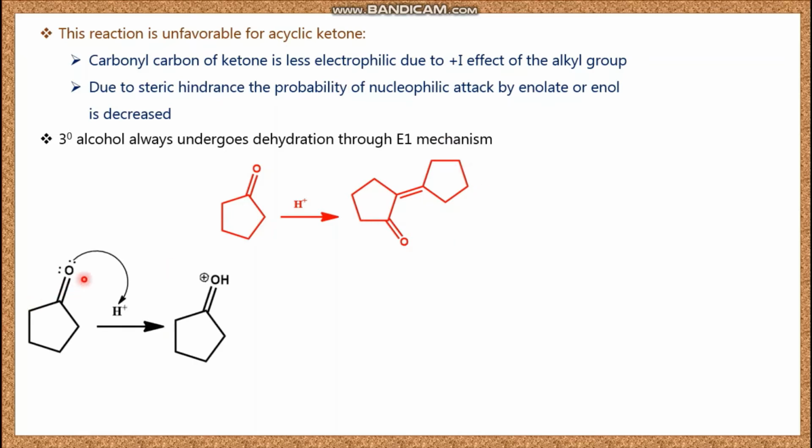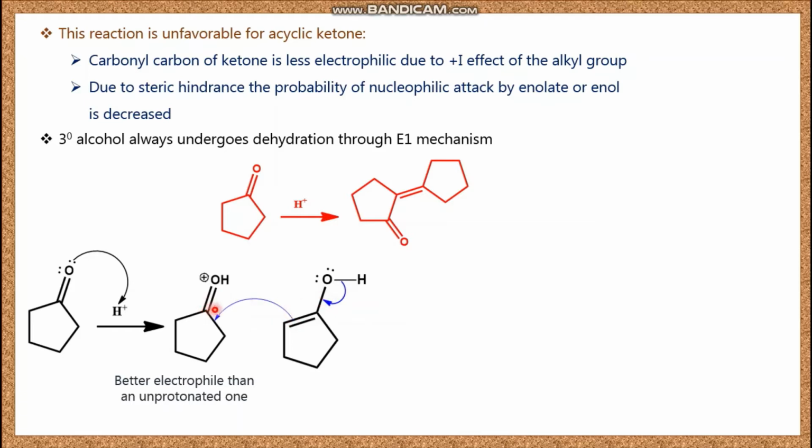Let's see the mechanism. First, the lone pair present on the oxygen takes a hydrogen, that is, protonation happens to form a protonated compound like this, and this protonated compound is a better electrophile than the unprotonated one. Now we have to take the enol form of cyclopentanone. This bond will shift to here, that double bond will attack here, and this double bond character changes to single bond character.